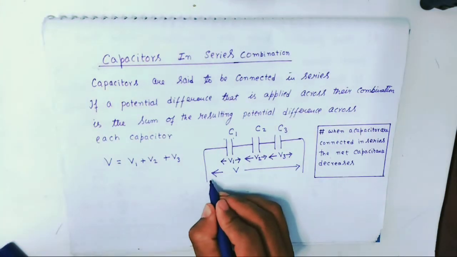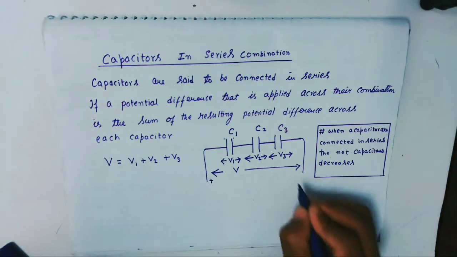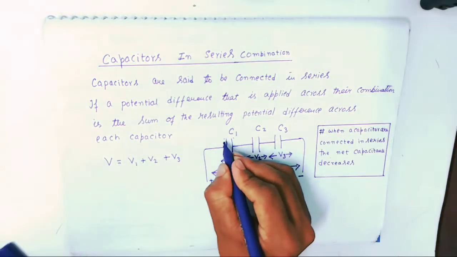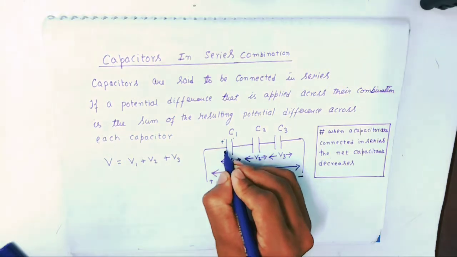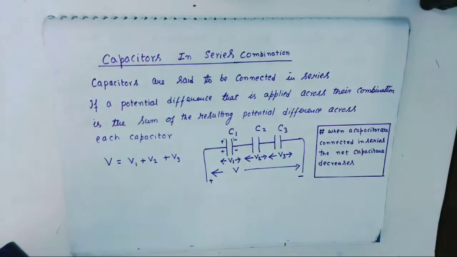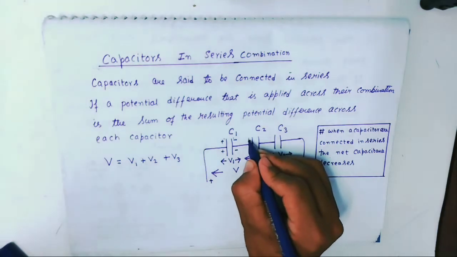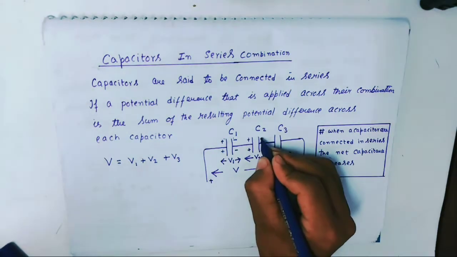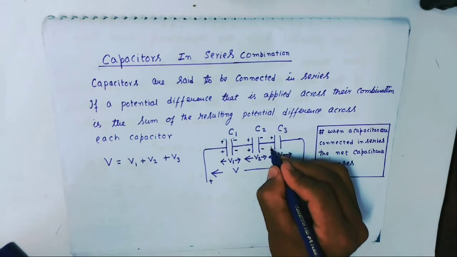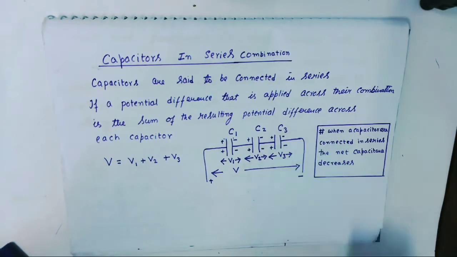So let us think this one to be positive, this one to be negative. So therefore, the charge that is given on this plate, it is plus. Here, it will be minus. Similarly, here, it will be plus. Here, it will be minus. Here, it is plus. And here, it is minus.